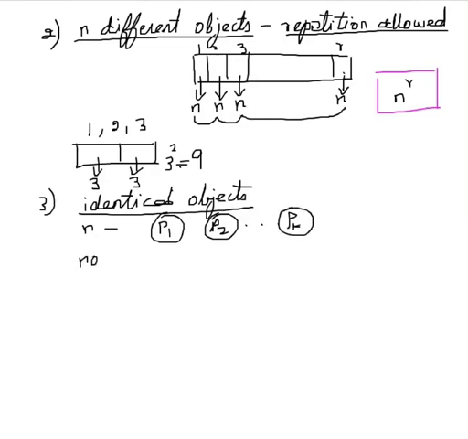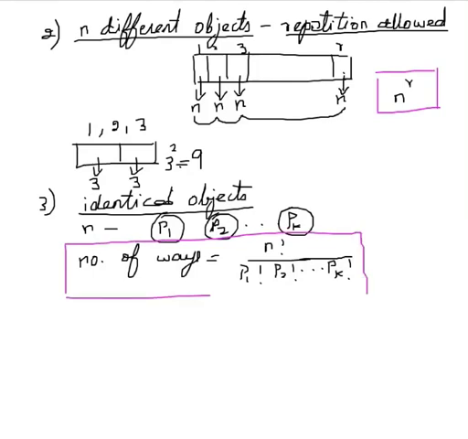Then the number of permutations will be n factorial divided by p1 factorial into p2 factorial and so on, into pk factorial. These formulae are given in your textbook as Theorem 1, Theorem 2 and Theorem 4.